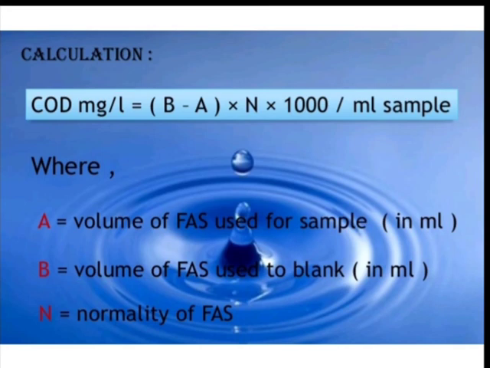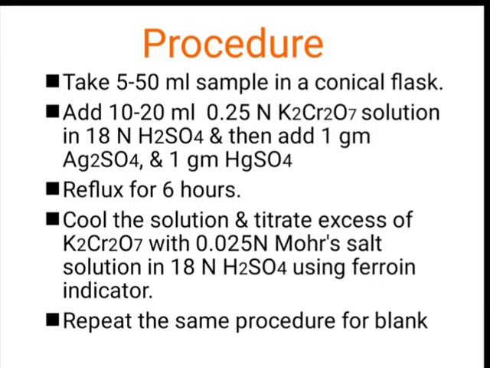Here B is the volume of FAS used for the blank in ml, that is the ferrous ammonium sulfate required for titration of the blank, and capital A is the volume of FAS used for titration of the sample in ml, and capital N is the normality of FAS, that is 0.05 normal.